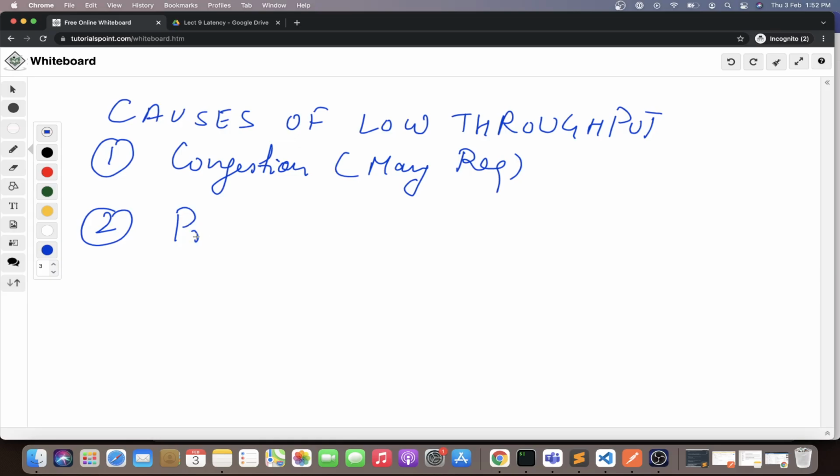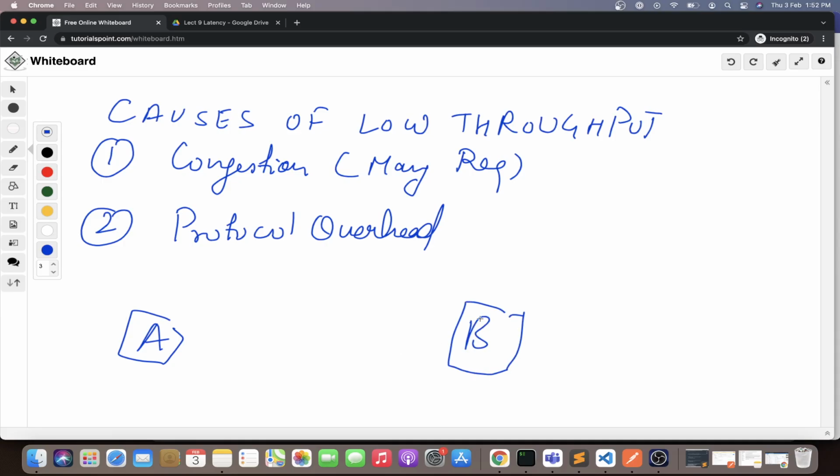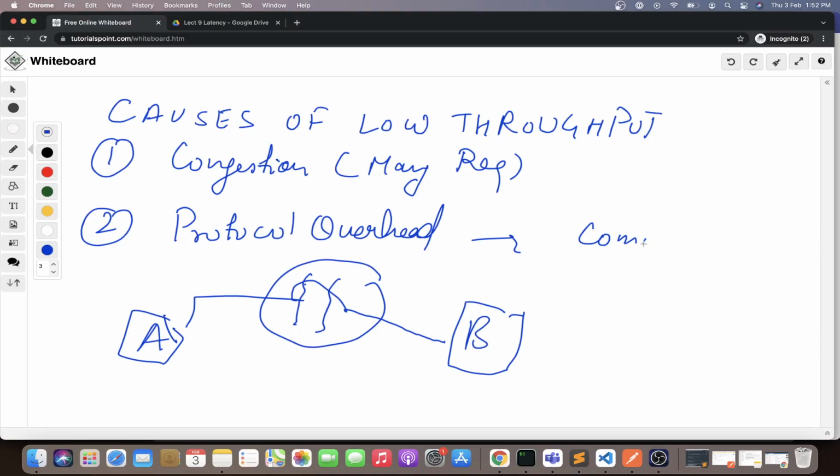Second is the protocol overhead. We can explain this like, if there is a certain way to go from A to B, and we need to cross, for example, an overbridge, only then can we reach the destination. So there are certain rules that we have to maintain for communication.